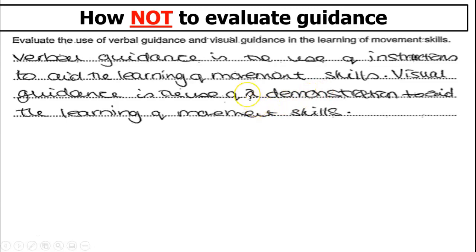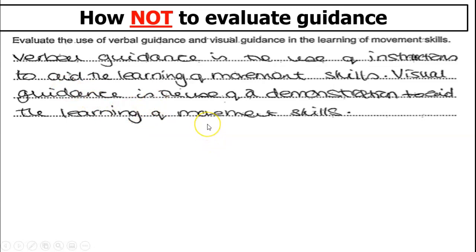Now, they are not advantages and disadvantages. So a quick piece of exam technique is that when you get a question in A-level PE, OCR specification, that says evaluate, you get no credit for describing. Okay, you have to get straight into giving the advantages and disadvantages, because this is asking you to evaluate.